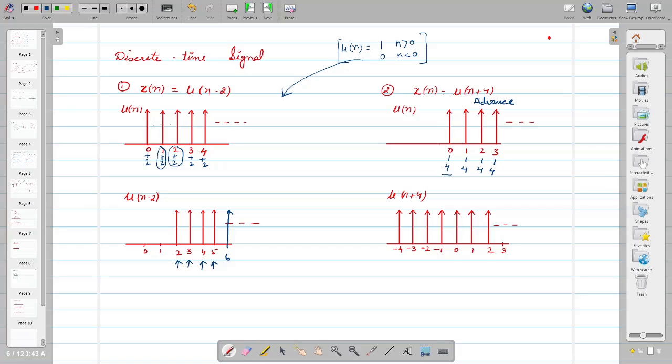So 0 minus 4 is minus 4, 1 minus 4 is minus 3, this is minus 2, and this is minus 1, and so on and so forth. So this 0 point is located at minus 4, and if it is minus 3, this 1 point is located at minus 3, and this minus 2 point is located here, and minus 1 point is located here. Rest of the points we can represent, because all the points on the right side are going to be 1.